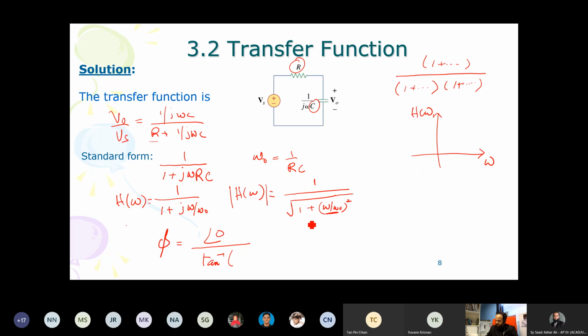So y is this and x is this, so omega upon omega naught, or since this is 0 it will be minus tan inverse omega upon omega naught. Is that okay? This is simple taking magnitude and phase. So if you want to just give it a try, put some numbers for omega and omega naught, you can find that this is how we find the magnitude and phase of an expression.